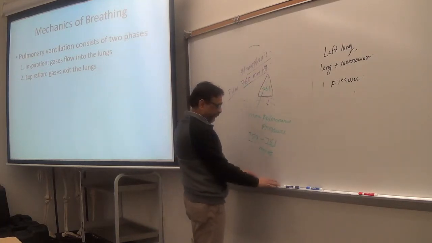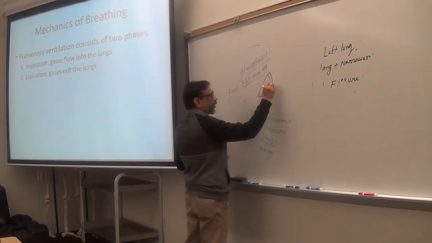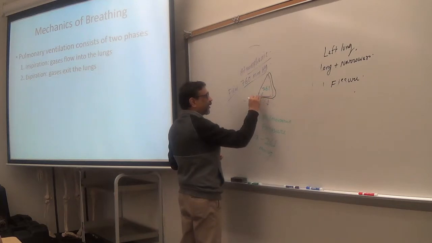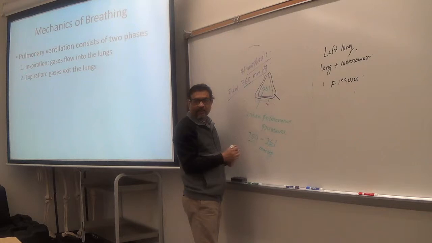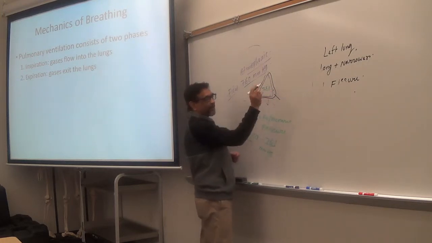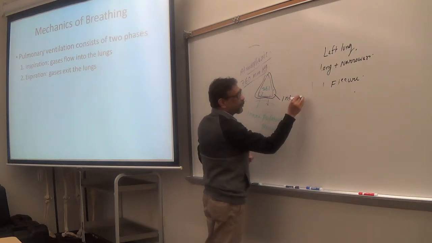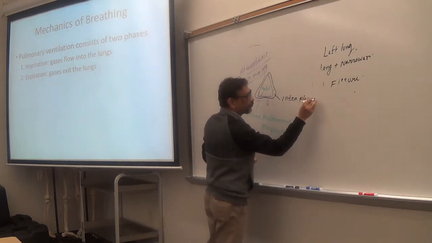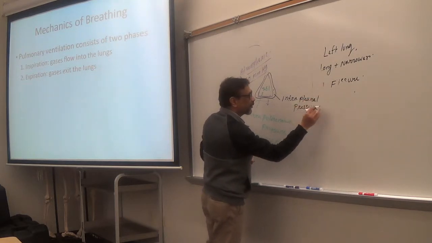There is another pressure you need to know. You remember in between the parietal and visceral layers, you have the pleural cavity, right? And in this pleural cavity, the pressure is called intrapleural pressure.